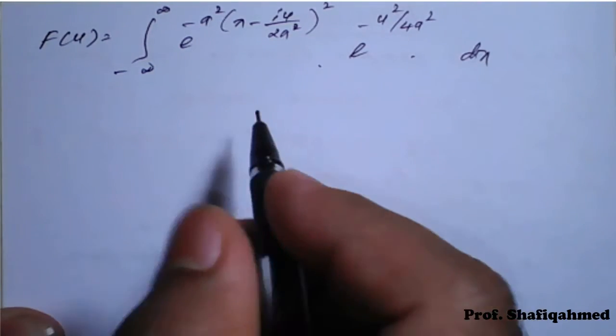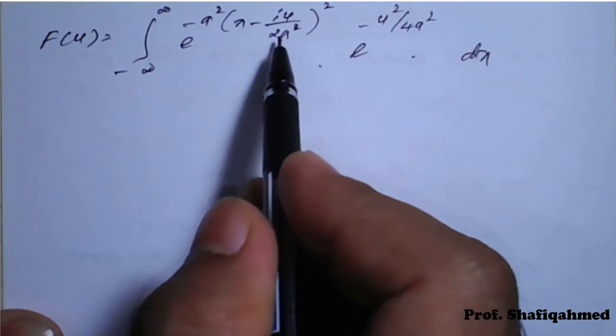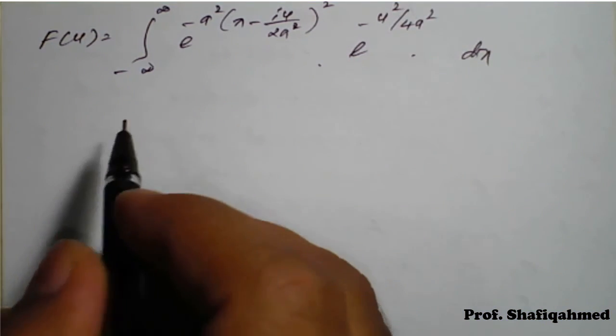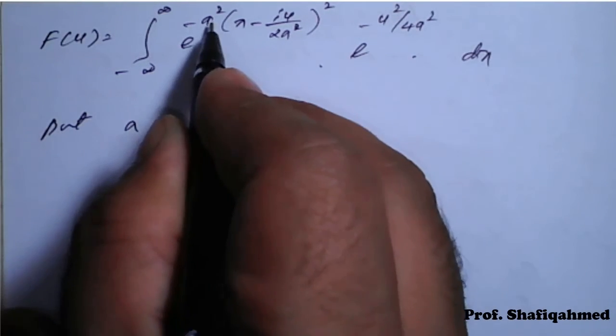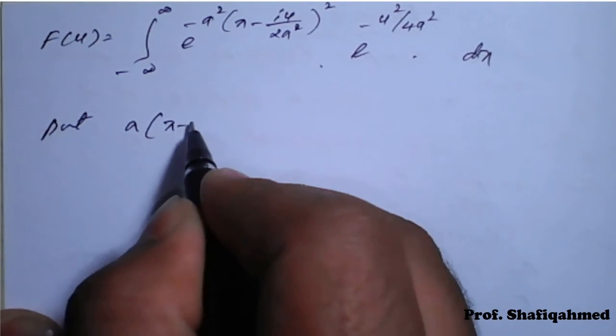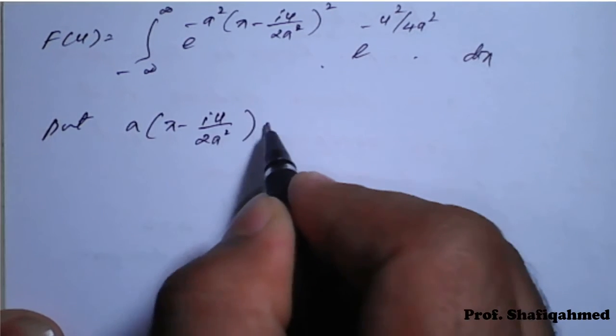Then now here, we'll put a substitution, x minus iu upon 2a square, that is put among this a, and x minus iu upon 2a square is equal to t.